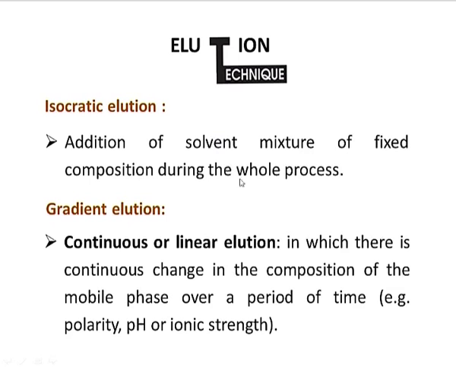In continuous gradient elution, we change the composition of the mobile phase over a period of time, and that change is uniform. For example, one would fix a program in which one would start with hexane for 5 minutes, and then that would be changed to, let us say, 20% ethyl acetate in hexane for another 20 minutes, and finally there would be entirely ethyl acetate for another 20 minutes. So that programming is a continuous gradient elution.